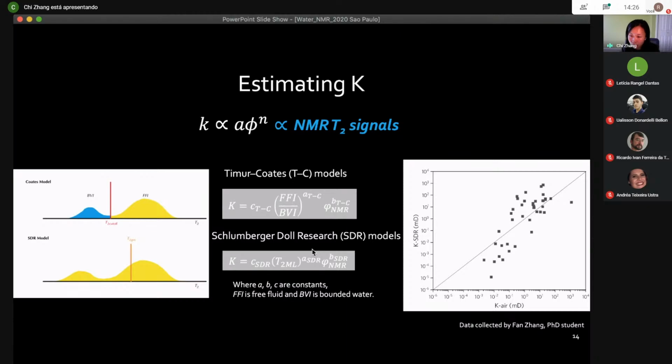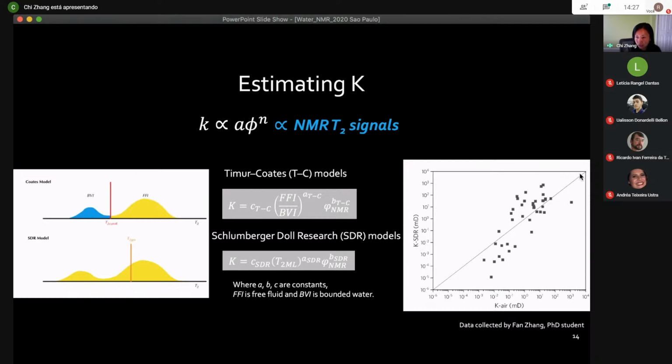And here is our trial on the carbonate rocks. I just show you the previous slides to see if this SDR model can predict the permeability compared with our actual air permeability measurements.